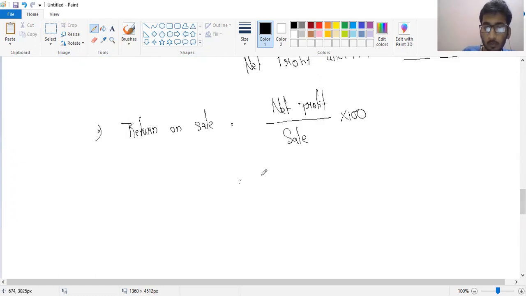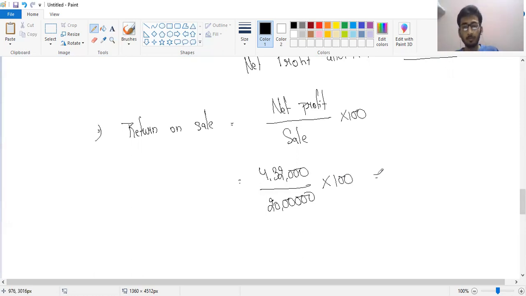So it would be 4,32,000 divided by 20 lakh multiplied by 100. So it would be 432 divided by 20, 21.6%. Answer. Okay, so I hope you got the first point. Basically, return on sale is 21.6%.